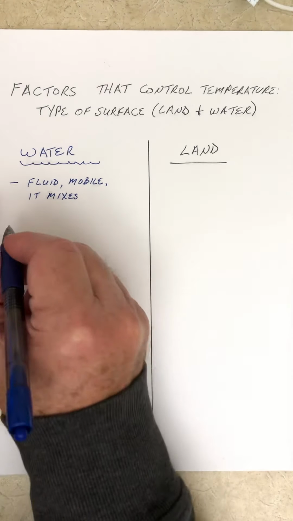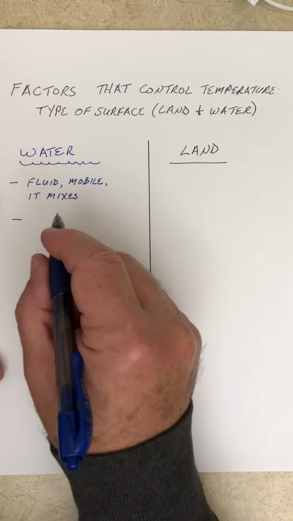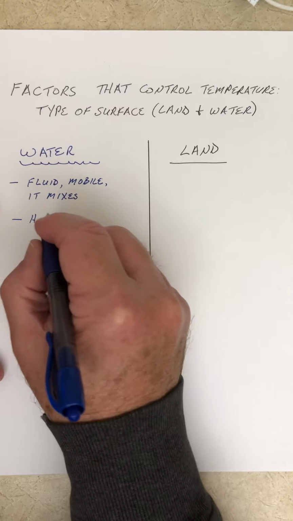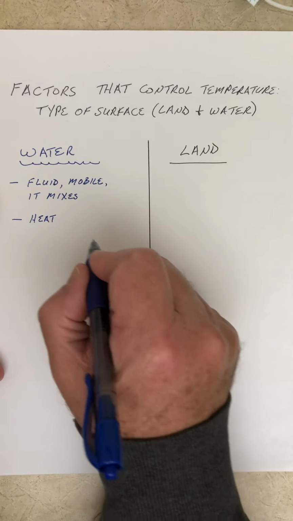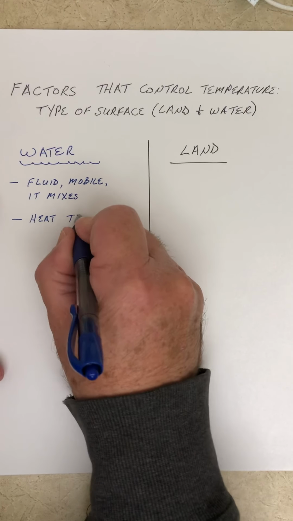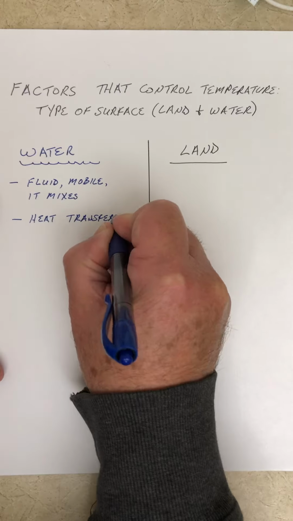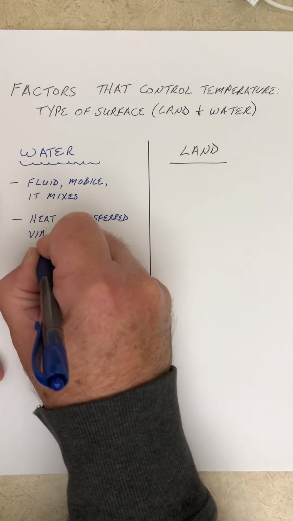Okay, second property of water is that its heat, because it is a fluid, because it is mobile, the heat energy in water is transferred via convection.